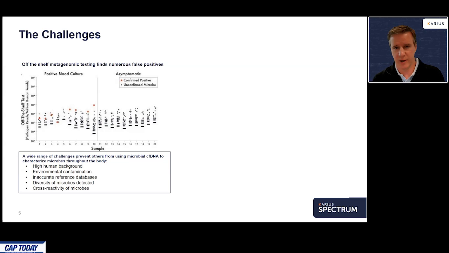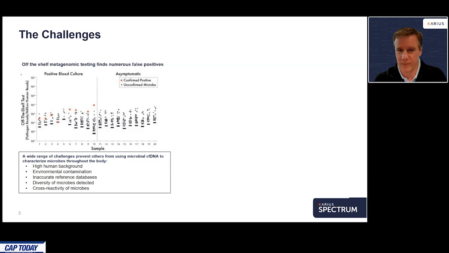And so the first couple years of Karius's existence were dedicated to identifying the source of these signal-to-noise challenges, which are shown here on the left, and then ultimately trying to address them in ways that make this usable and useful at scale. And so I think many people who study this now are very familiar with these types of challenges, but I'll just mention them.